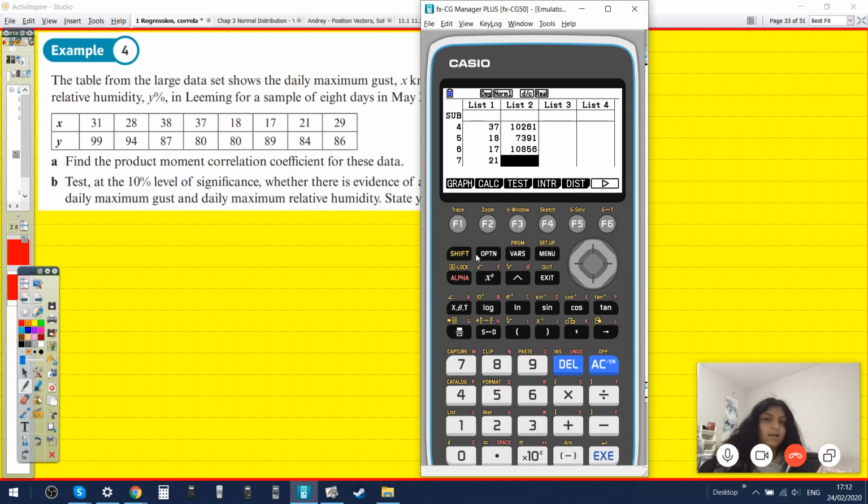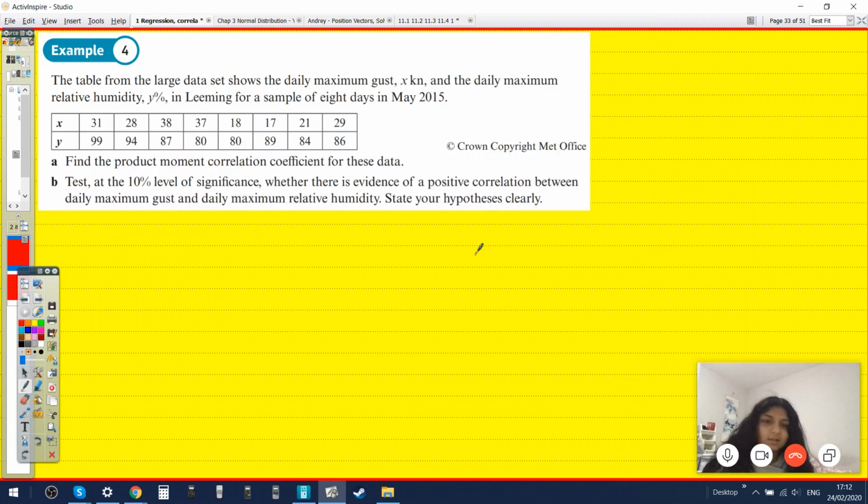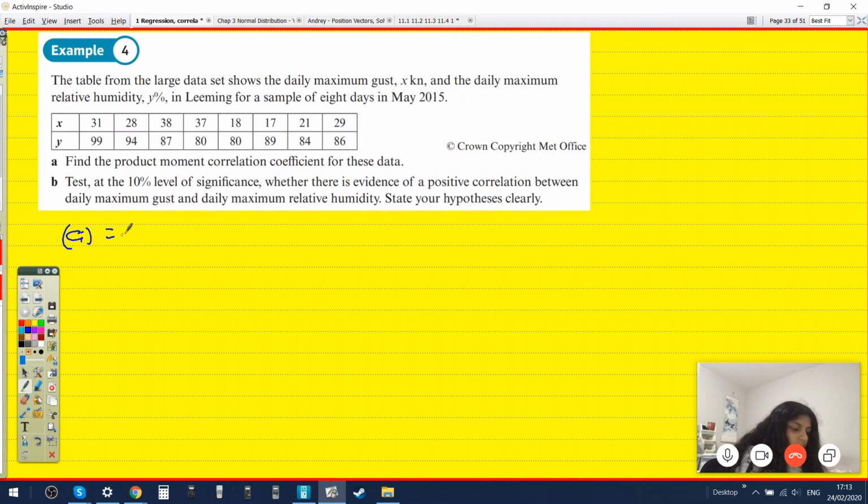I got R is equal to 0.1149. Okay. That one, was it? No, 0.1149. Sorry. Okay. And B. 10%. Okay.